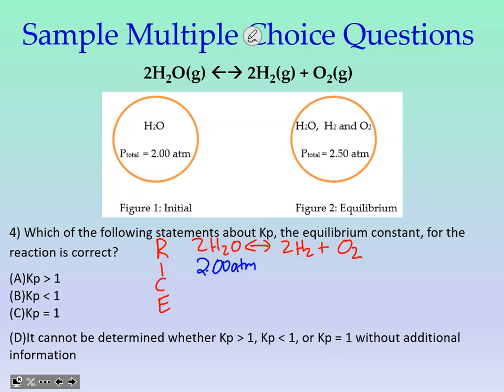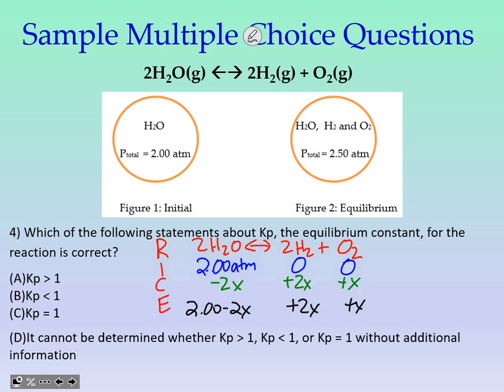So these guys have to be over here on the right at 0 pressure. Good. Now we just put in our change. So we know it's going to proceed towards the product. So minus 2x, plus 2x, plus x. Now down here, that ends up being 2 minus 2x, plus 2x, plus x at equilibrium.